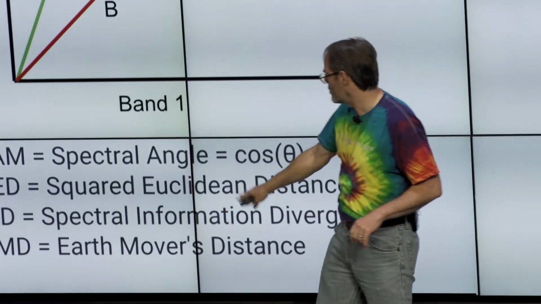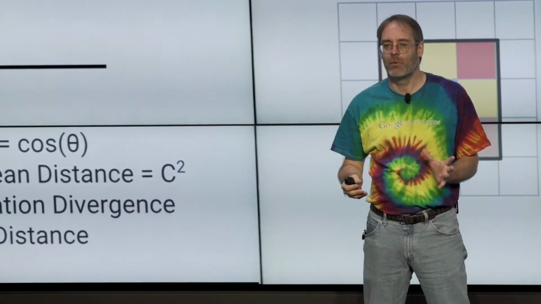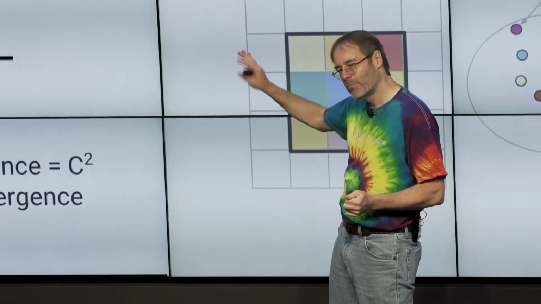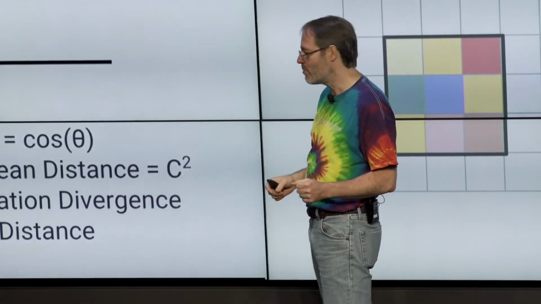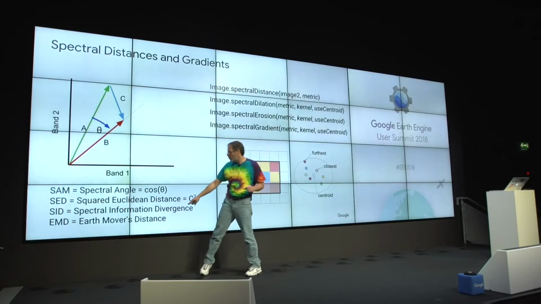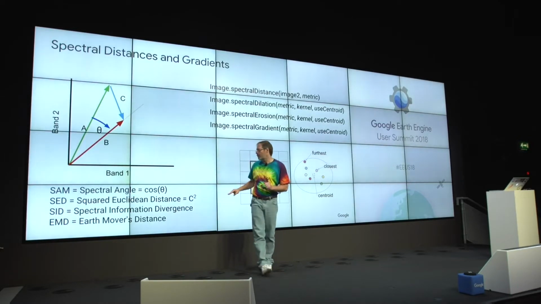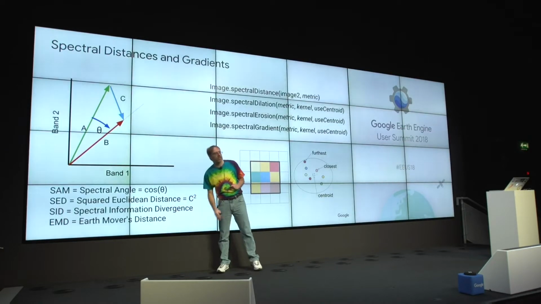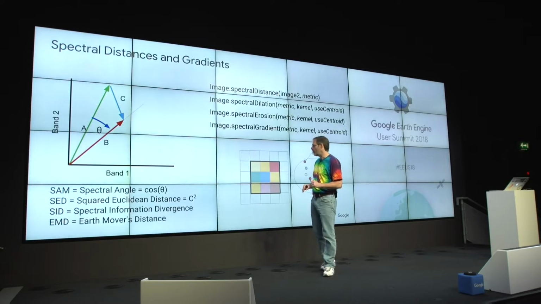There's this thing called spectral information divergence, which I was not able to find anybody that has a nice picture of, so I actually don't know what it means graphically, but it's math, and it says these spectra differ by this much. And then a really cool one is Earth mover's distance, which doesn't look like the other 3. These 3 look very similar as you look at them. The Earth mover's distance looks different, and therefore there's some kind of orthogonality in it that might be useful.